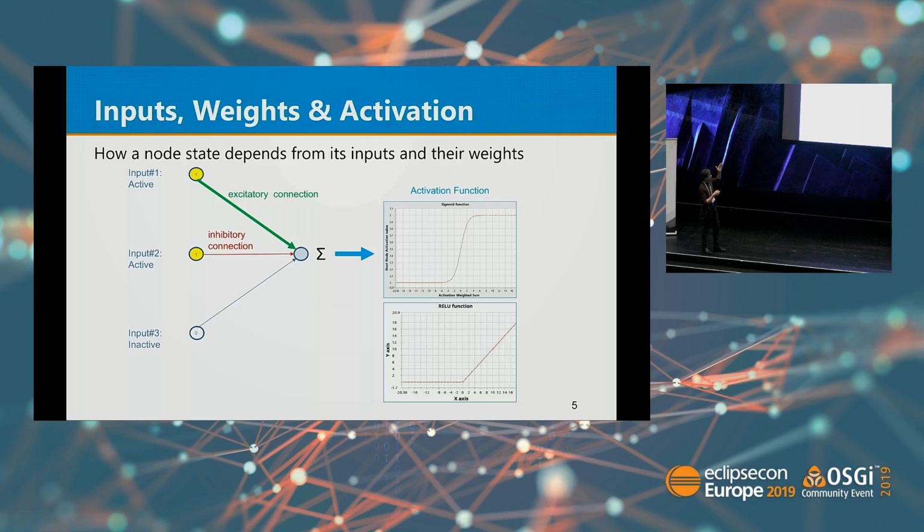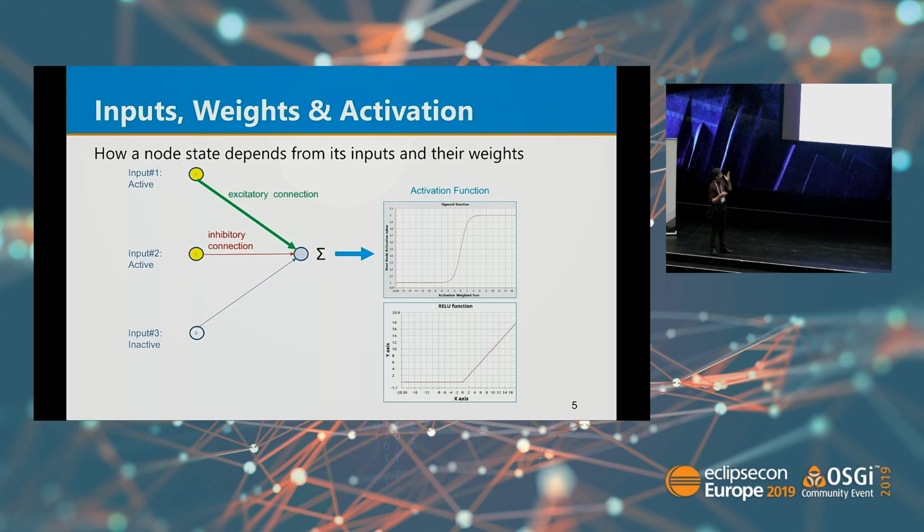We have inputs that can be pure inputs or maybe outputs from previous nodes that are basically turned on or turned off, so 0 or 1. And each one can contribute to turning on or turning off the next node: turning on with an excitatory connection, so a positive weight, or contributing to turning off with an inhibitory connection, so a negative weight.